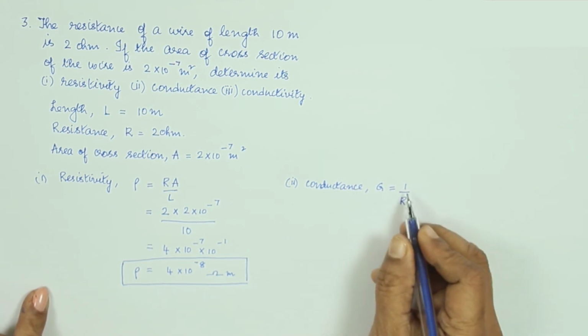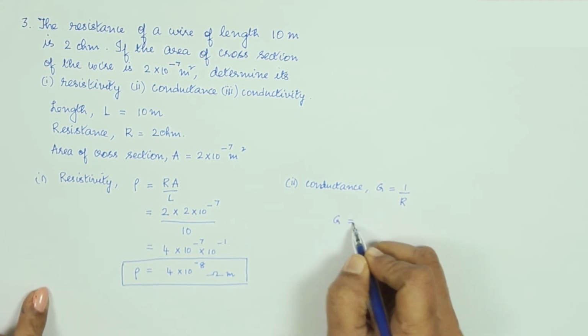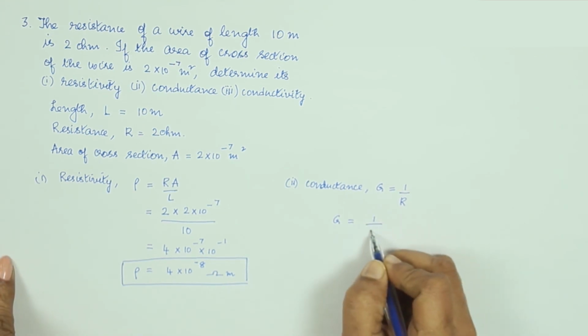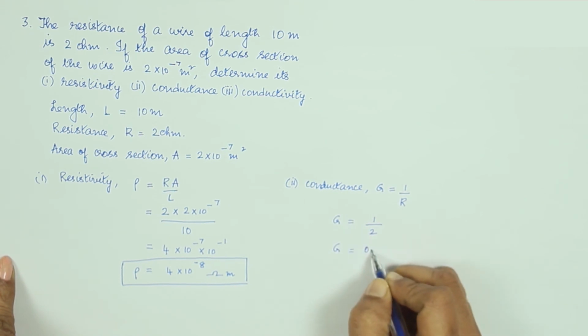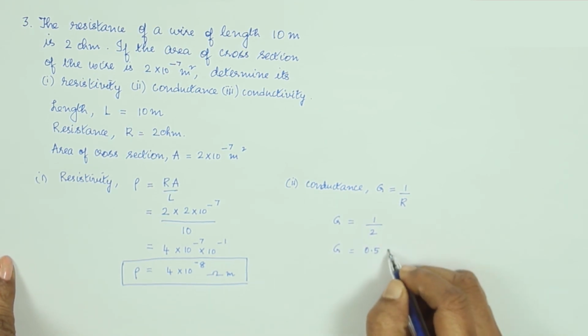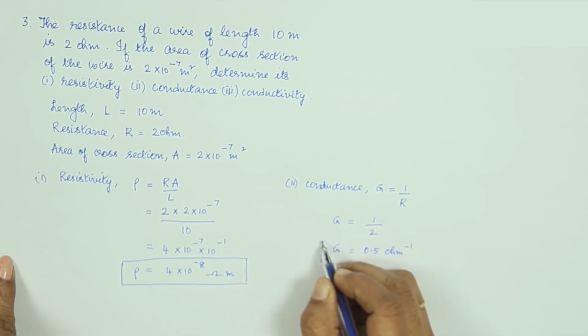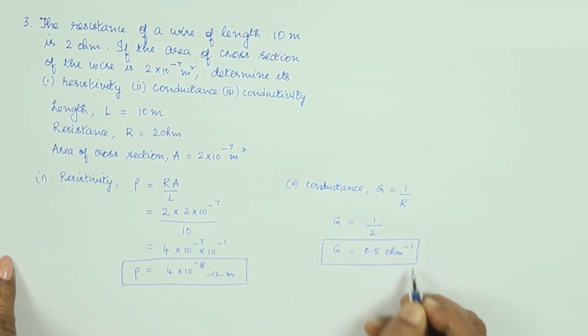So G is equal to 1 by R. The resistance is given by 2 ohm, so 1 by 2, or G is equal to 0.5 ohm power minus 1. So the conductance is G is equal to 0.5 ohm power minus 1.